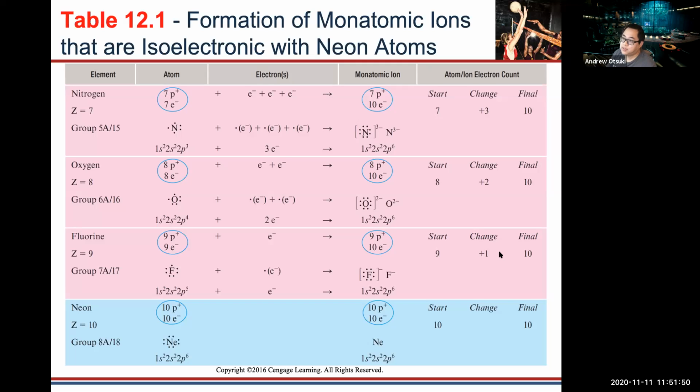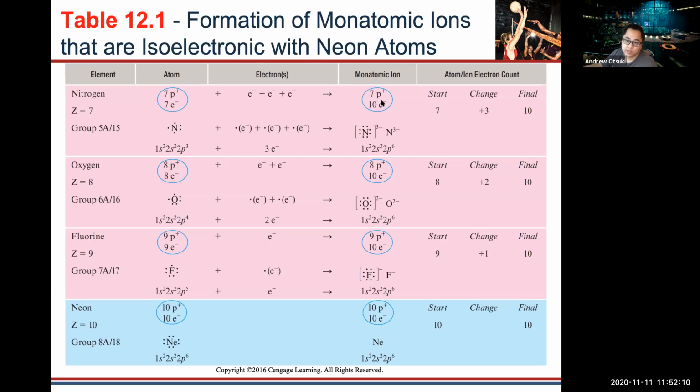So isoelectronic means having the same number of electrons and electron configuration as the neon atom. But mainly you should associate isoelectronic with having the same electron configuration as another element, atom, or ion.